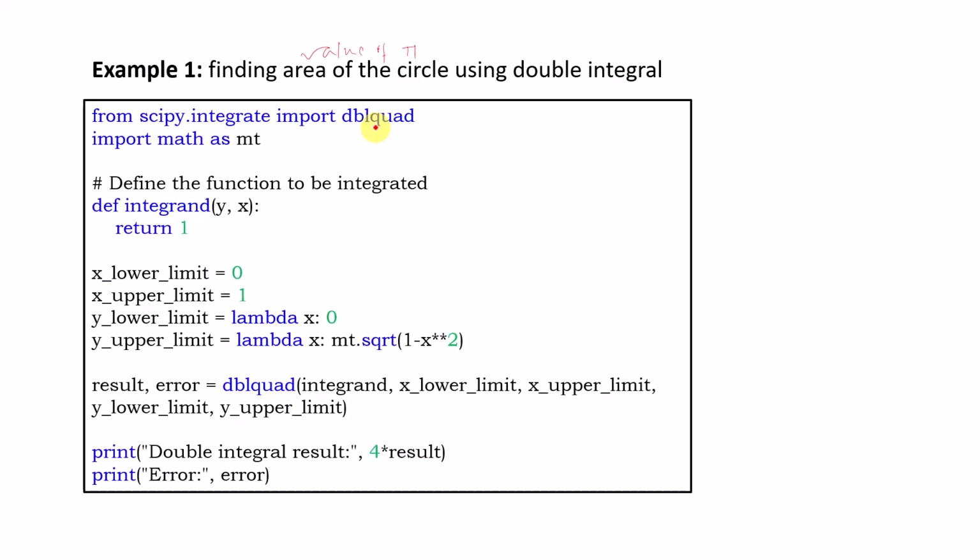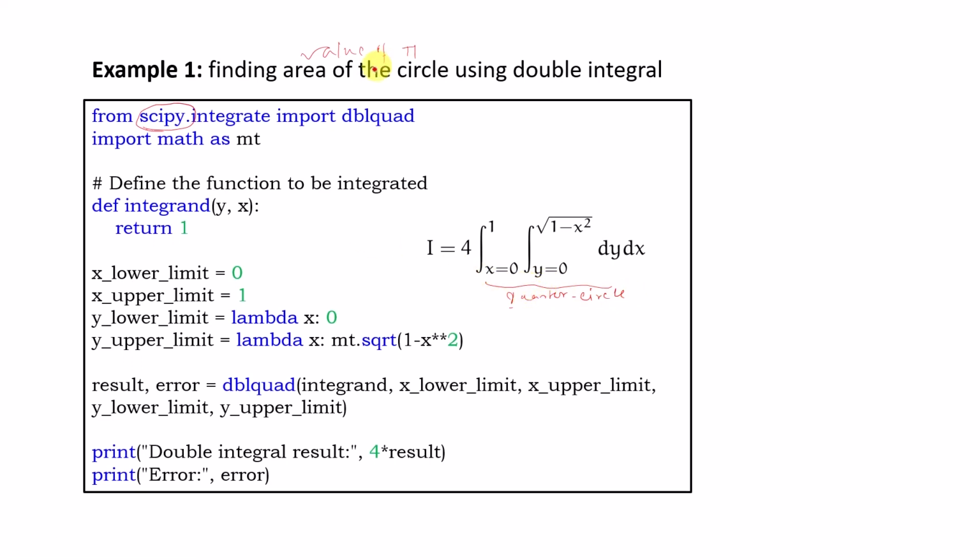I'll directly use this SciPy routine. This is a Python package, scientific Python. So this scientific Python package I'll use, and I'll evaluate 4 times this area. This is the area of a quarter circle, and 4 times this quarter circle area will be the value of pi.